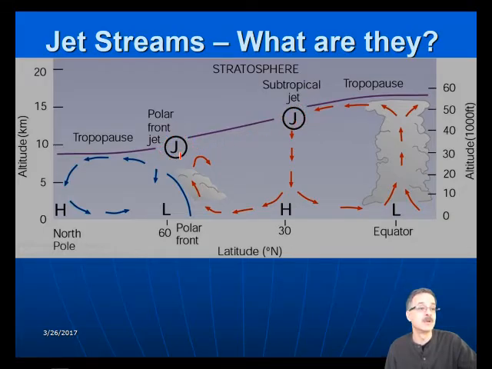And you'll notice that the atmosphere is taller at the equator and lower at the poles. That's because we have warm air at the equator and cold air at the poles. And if you remember from the earlier chapters, as a column of air warms, it gets larger, and as a column of air cools, it gets shorter.